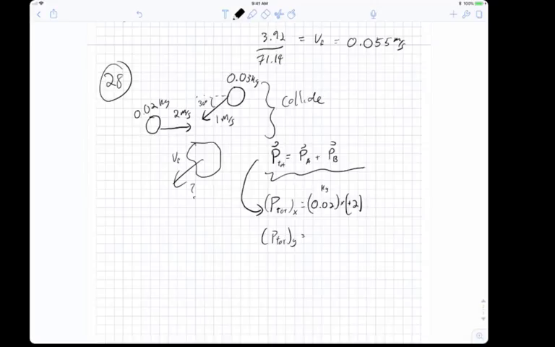Kilograms, meters per second. All right. In the y direction, 0.02 times 0, because it's not moving in the y direction. What about this guy, though? I need to decompose that initial velocity in terms of an x component and a y component.